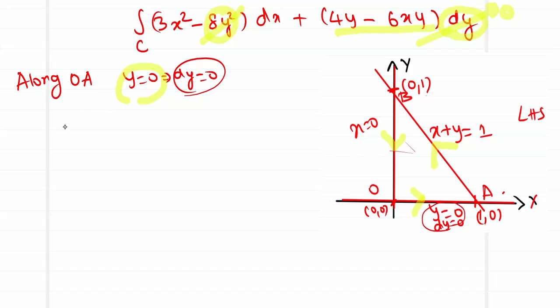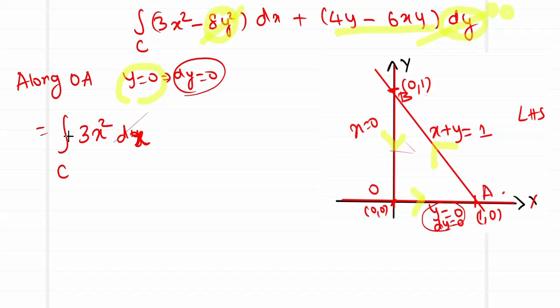And we will be just left with the integration along the curve C of 3x square dx, and when we substitute y equal to 0 and dy equal to 0, 0 into something, this entire term will vanish. So this is what is left for my curve OA. So I have this equal to 3x square dx.